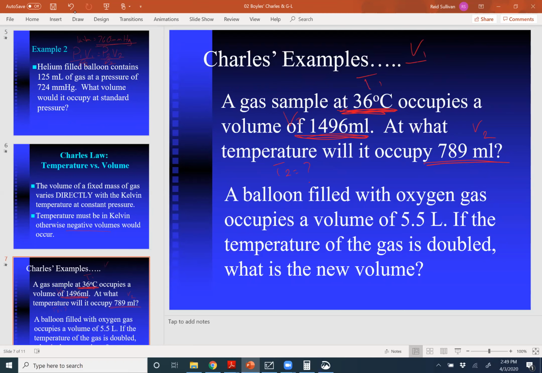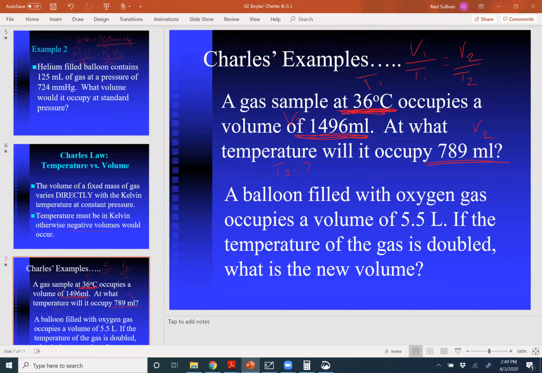So volume 1 over temperature 1 equals volume 2 over temperature 2. We want temperature 2, so we're going to solve for that first. Again, this is where your algebra skills come in. The way to get this by itself is we're going to get temperature 2 by itself.